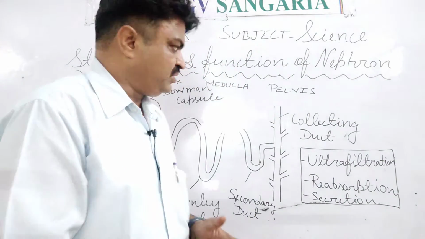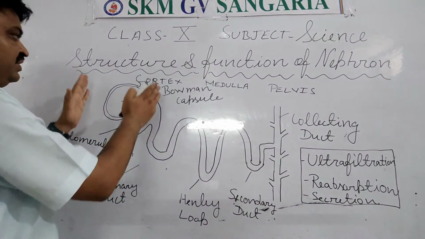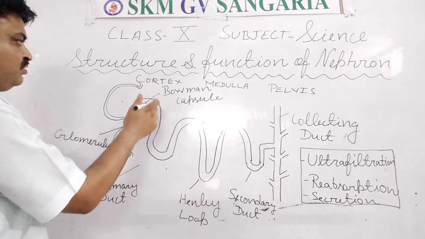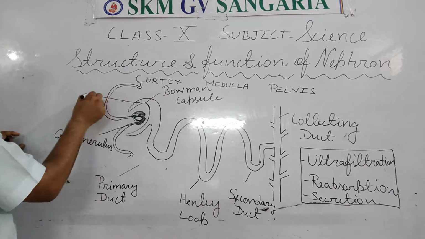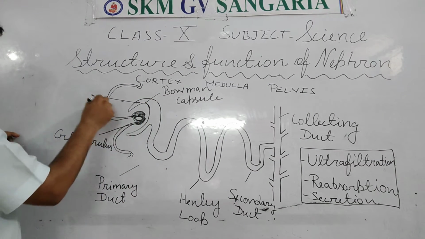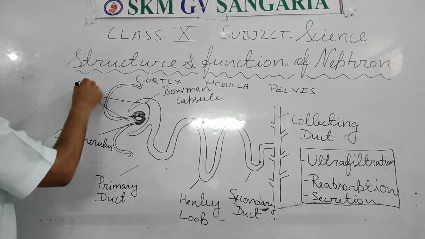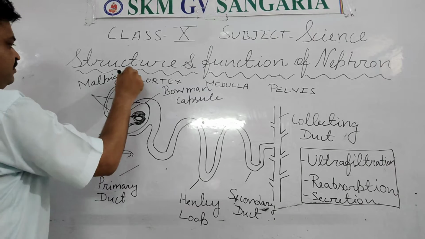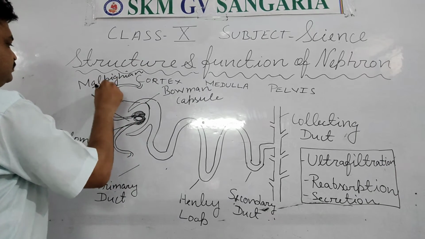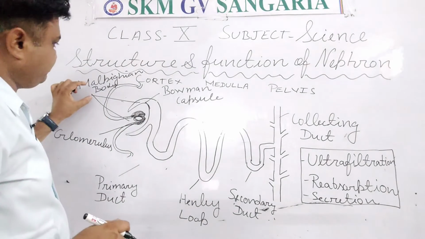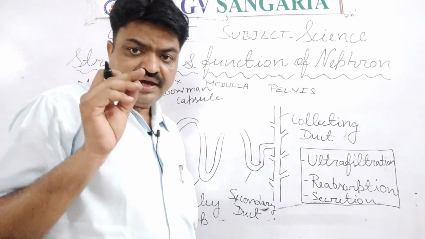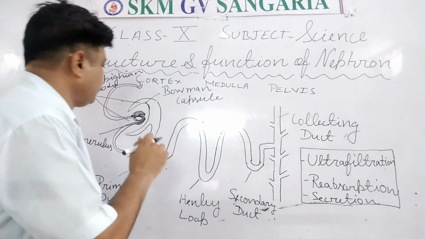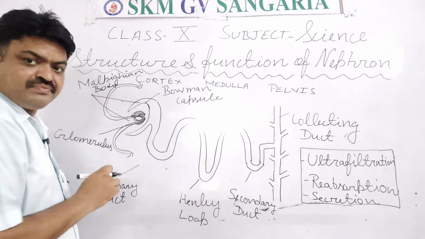Now we come to the first body that is found in the nephron. It is the first body, student, and this body is known as the Malpighian body. And this Malpighian body has two important parts, student. First is the Bowman capsule.